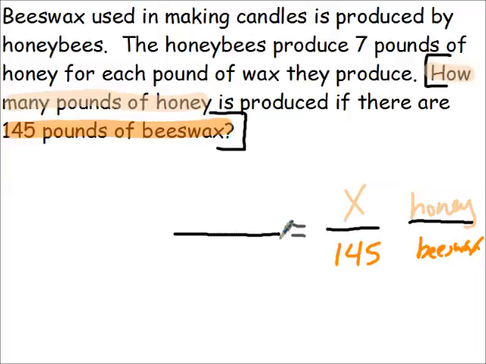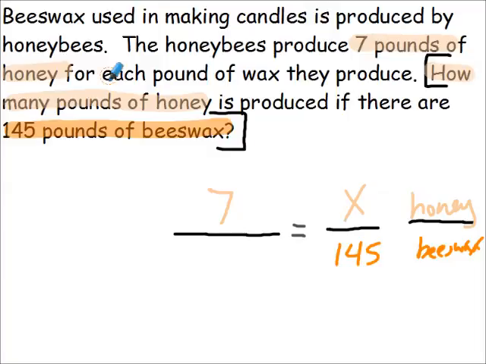Which piece of information is easiest to find? The honey is. It says that there are 7 pounds of honey. For how many pounds of beeswax?